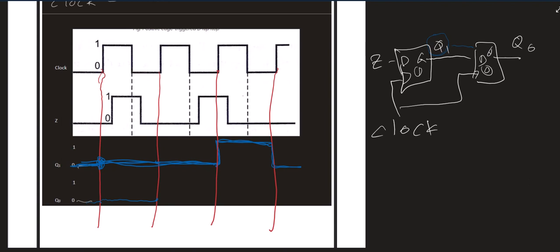It's going to go back 1 and look, and it was still 0. Now when it gets here, it's going to go back 1 and look here, and at this point it changed to 1, so it's going to become 1.